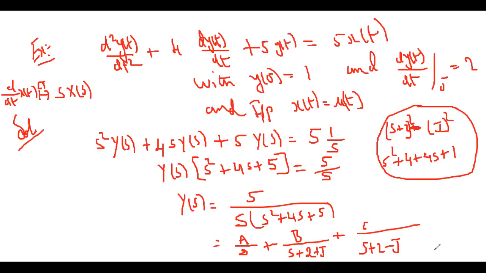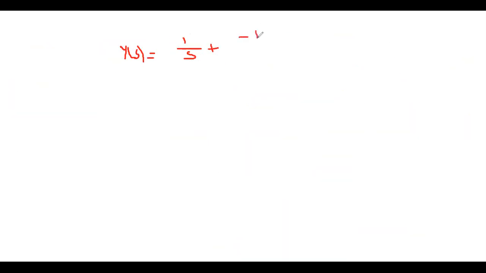Y of s is equal to a, which is 1 by s, plus b, which is minus j by s plus 2 plus j, and c gives plus j by s plus 2 minus j. Got it, my dear students?